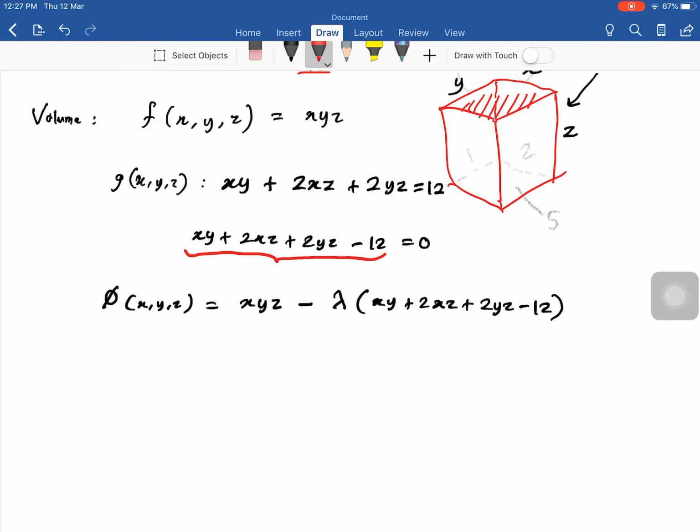Okay, so first we use the partial derivative to find the stationary point.